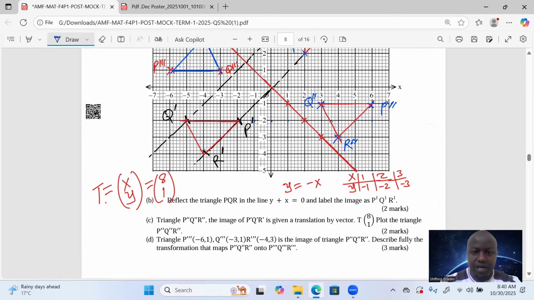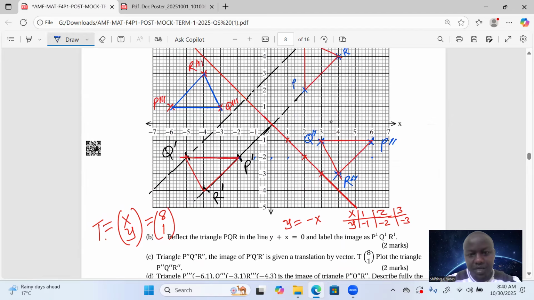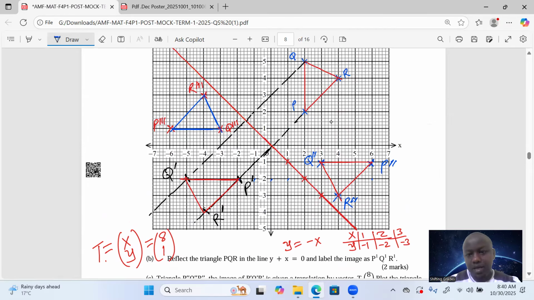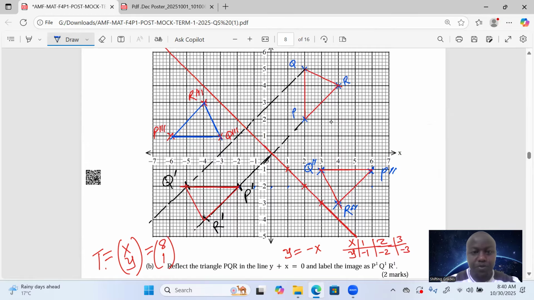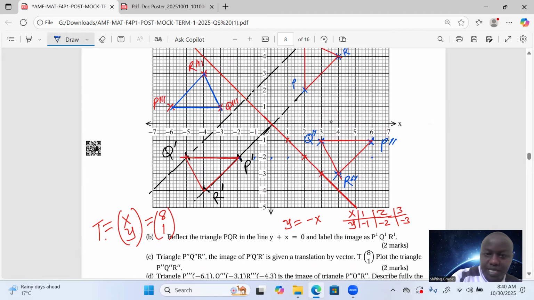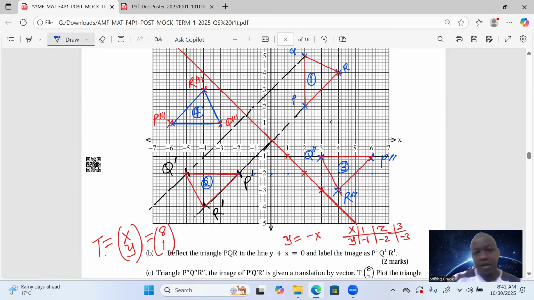Okay. Now, the instruction is that we're supposed to determine the transformation responsible for this. What has mapped this third triangle to the fourth triangle?